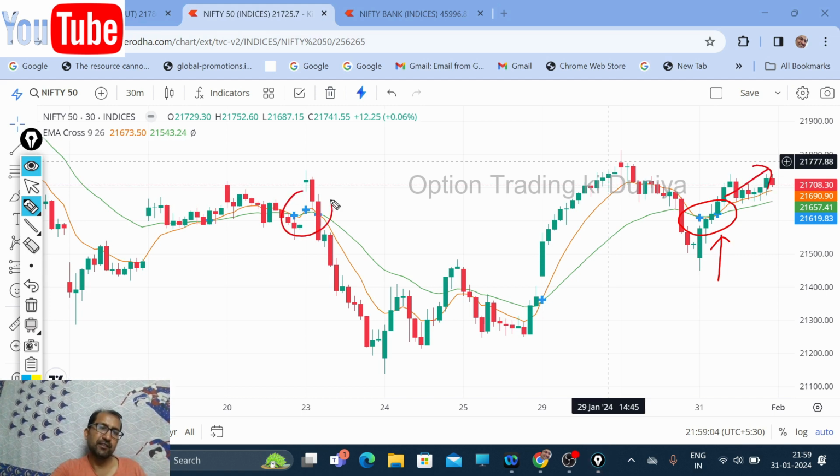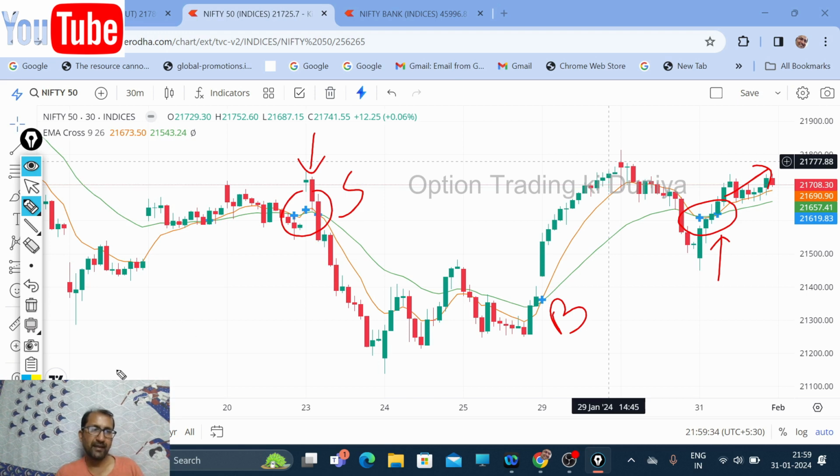Even here you can see, yeah, there was a shorter term EMA cutting the longer term EMA from up. So this was a clear sell signal, and here there is a clear buy signal. So using this strategy, when the things are very clear, you can buy and sell and adopt this strategy.